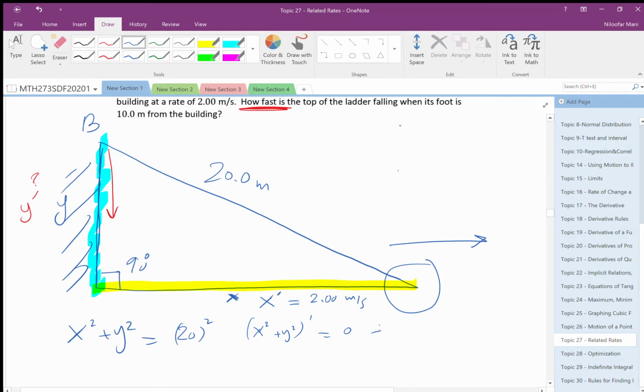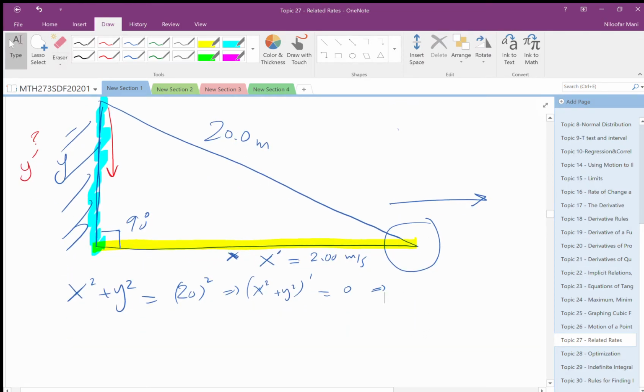So what happened then? Sorry, I say x squared. 2x x prime plus 2y y prime equals 0.